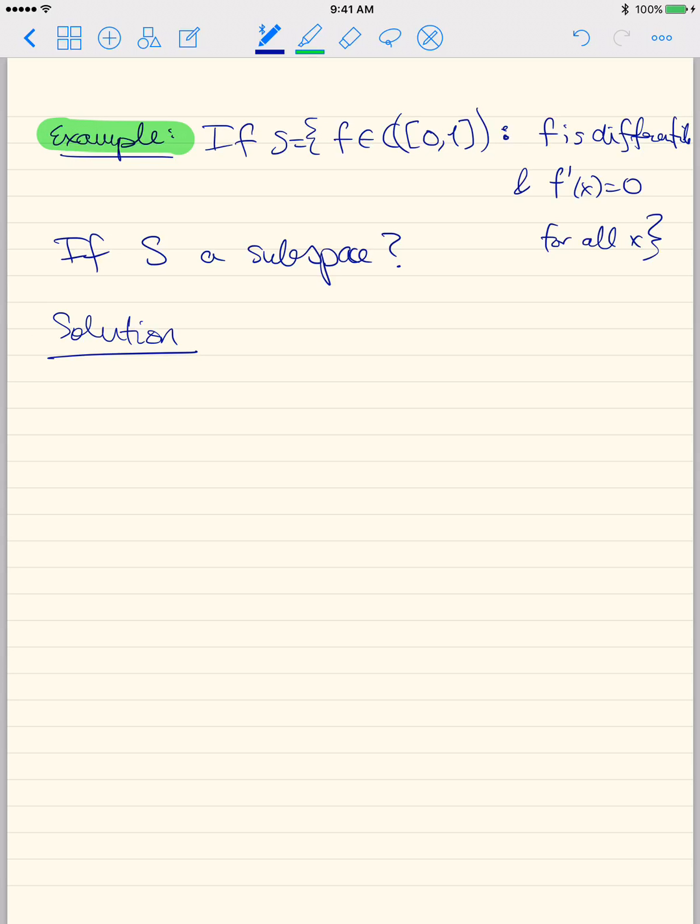So that's 3 things we have to check. So the first one is the zero vector of this vector space, which is to say the 0 function. Is it in this subset? So how do we check that? How do we check whether a function is in that subset?